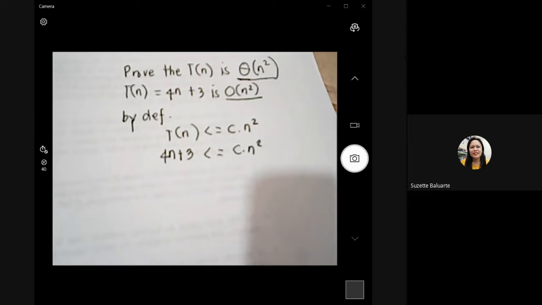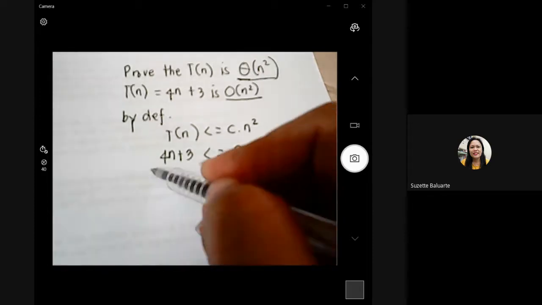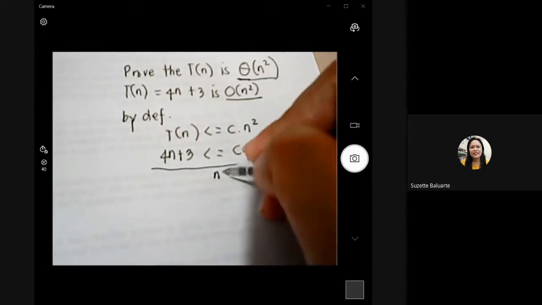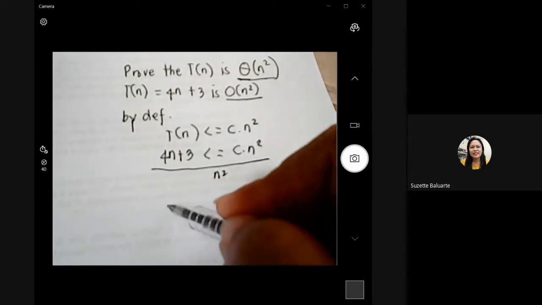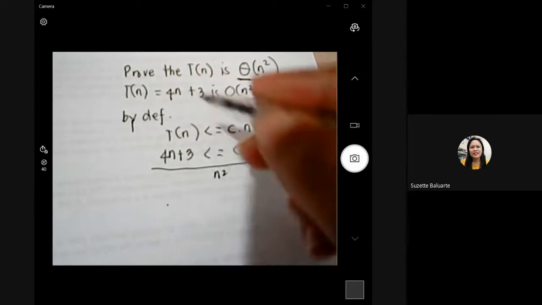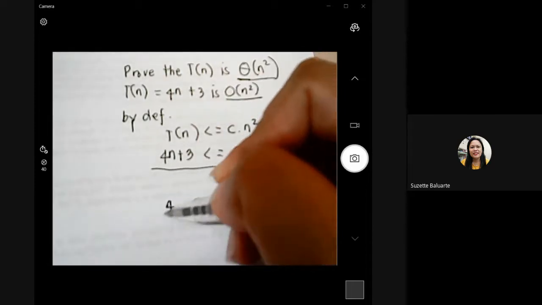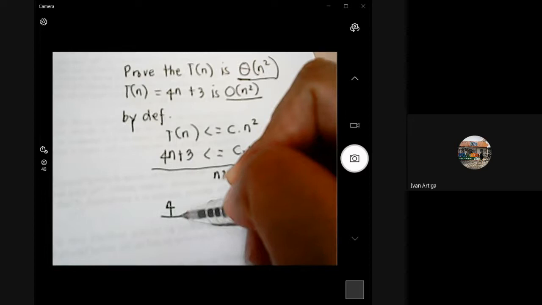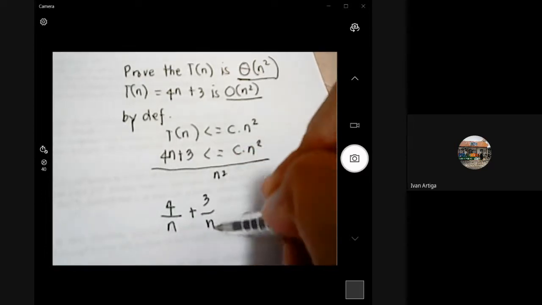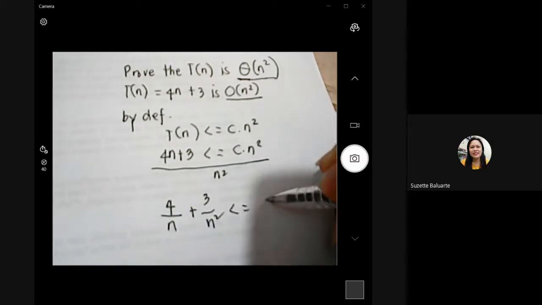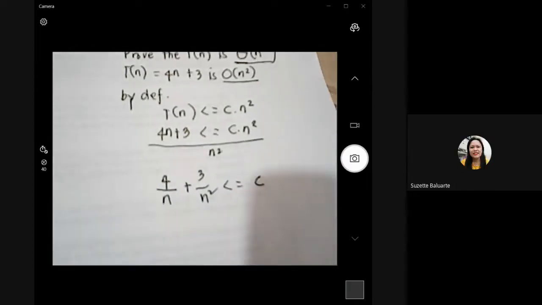Okay? So if we divide both by n squared, let me clarify, I put n squared at the bottom. So what will happen? It would be 4 over n, correct, plus 3 over n squared, less than or equal to C. Correct.